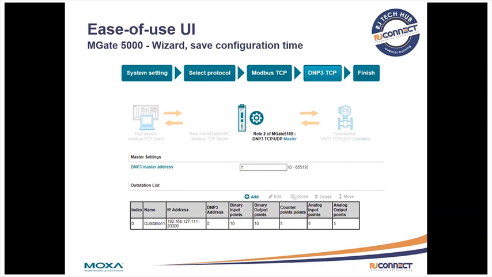Another unique or nice feature of the MGate 5000 series is the built-in wizard in the web GUI, or the web user interface, which takes you from the start to the finish, setting up all your protocols and all the commands that you need to establish communication.